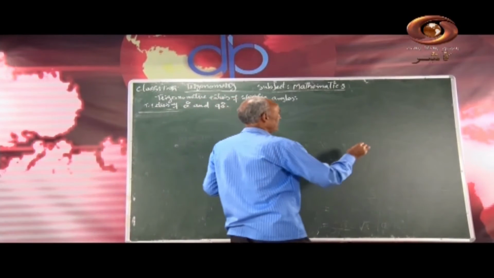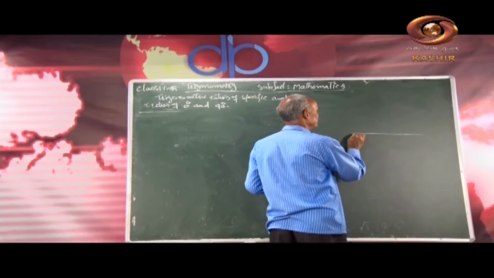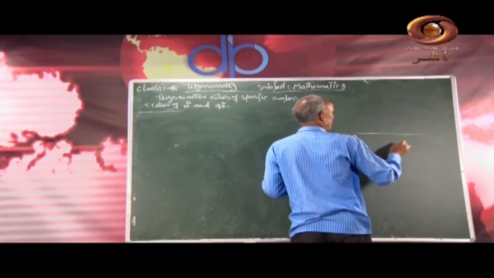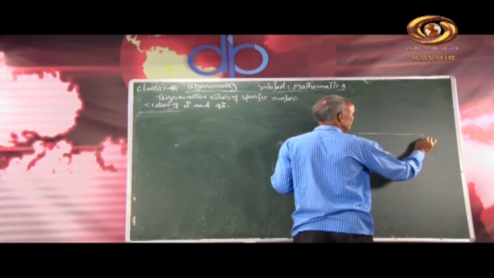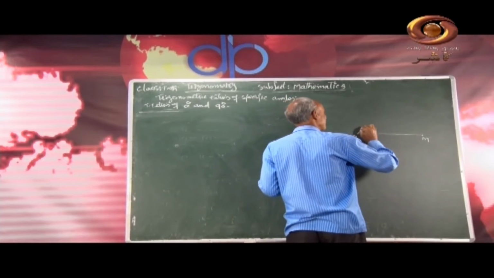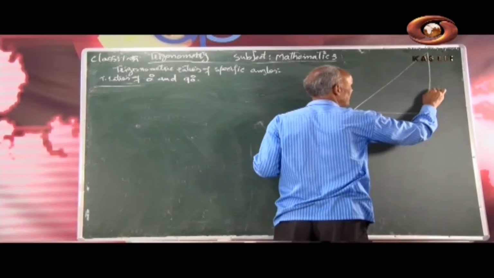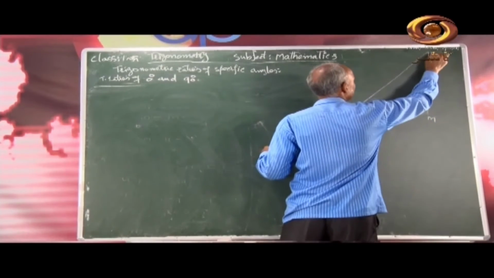We will take a line segment, say OM, and we will take some acute angle and draw a perpendicular, say PM.